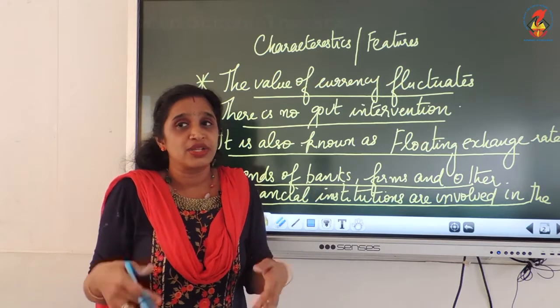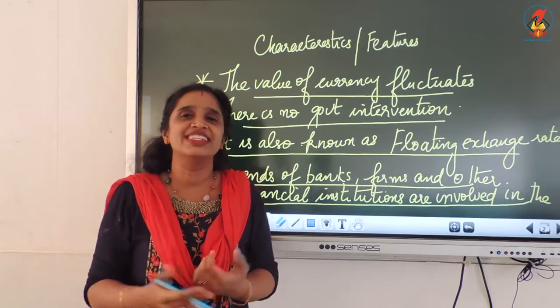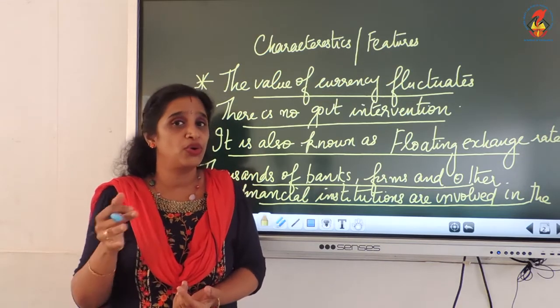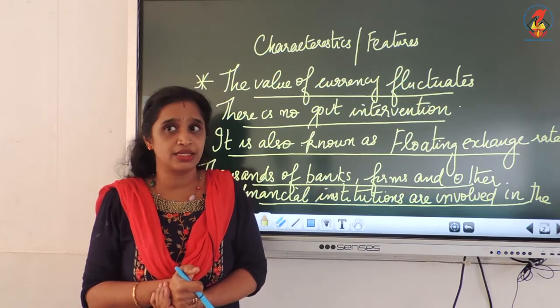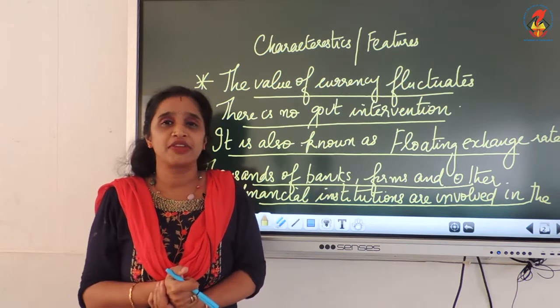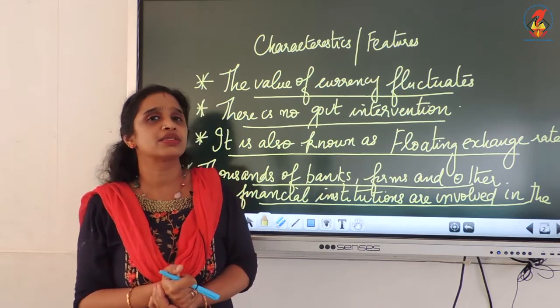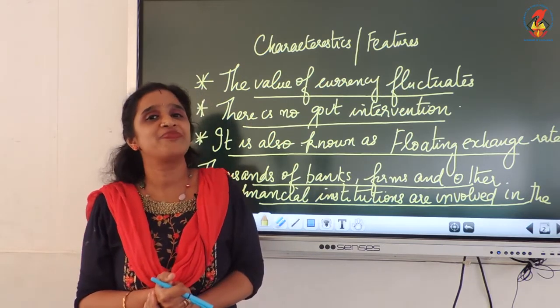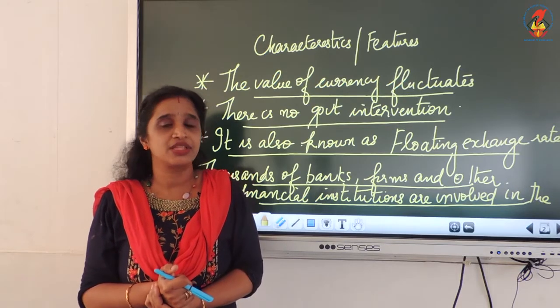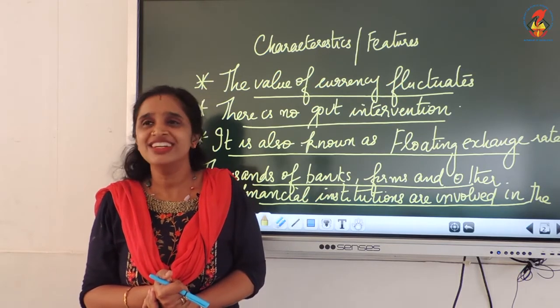Who all are the buyers and who all are the sellers? Authorized dealers are there for buying and selling of foreign exchange. And you all know who all are the authorized dealers. In the previous topics I have explained who are the authorized dealers. RBI of all the countries, government of all the countries, financial institutions, investors, they all are the authorized dealers.